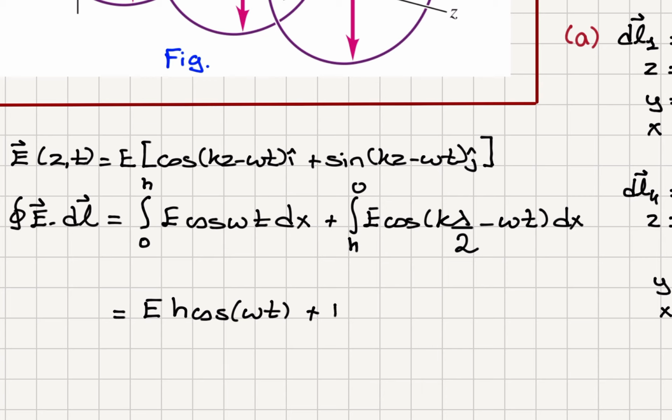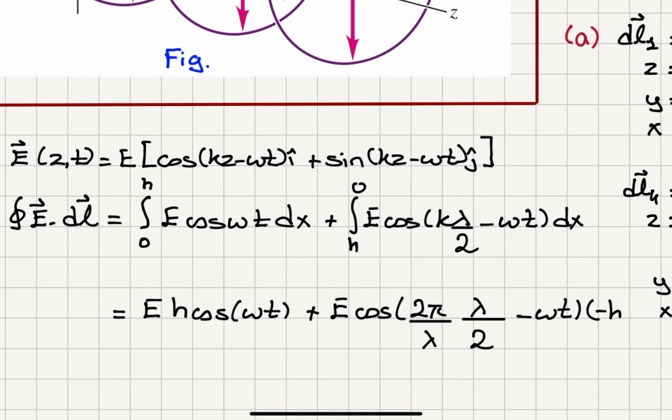So this is going to be E cosine, remember k, the wave number, is 2 pi over lambda, multiplied with lambda over 2 minus omega t, multiplied with minus h, because delta x is minus h. x goes from h to 0. So here I notice that these two lambdas will disappear, and the twos will disappear.